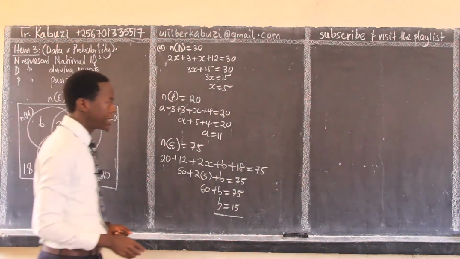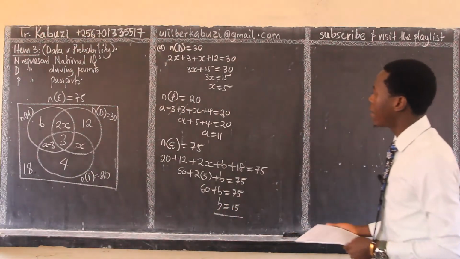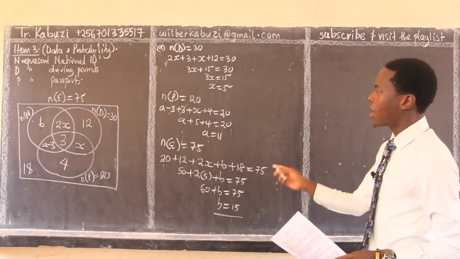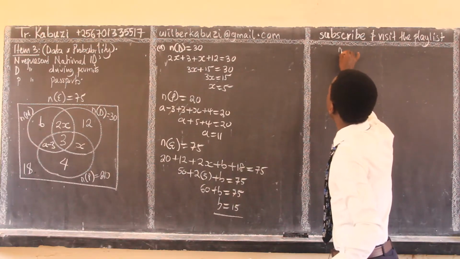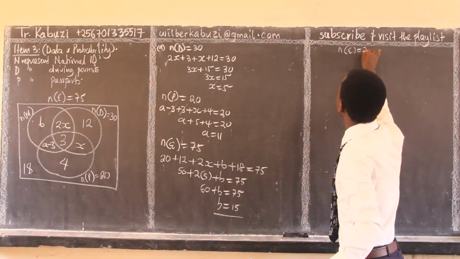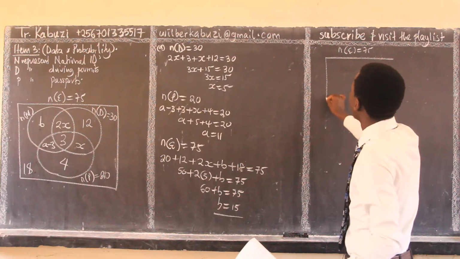So part A, they wanted us to get, after doing this, you can come and reconstruct our set there without any unknown. So I come here, the universal is 75, then I draw my set there.